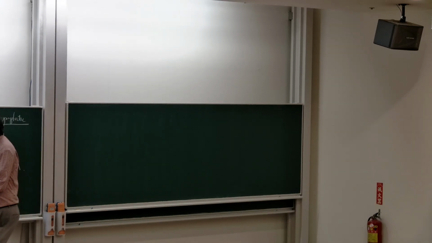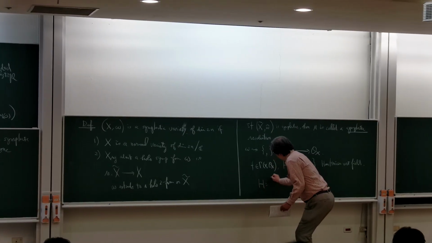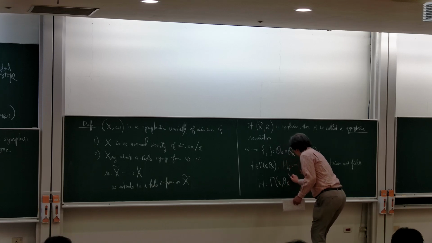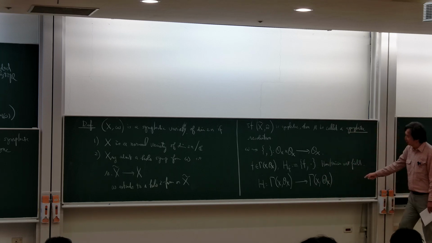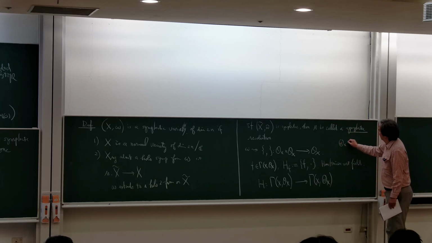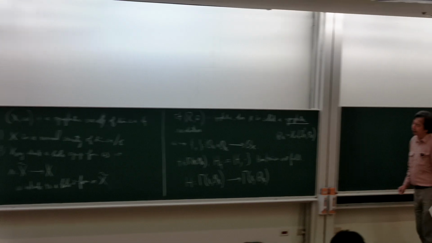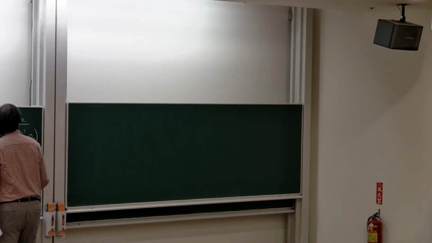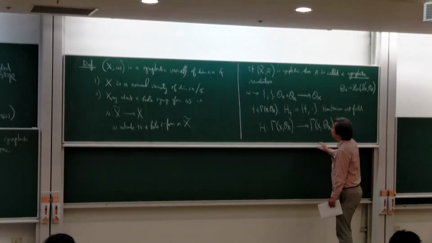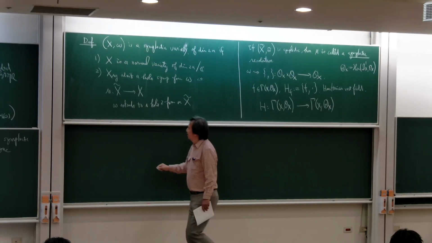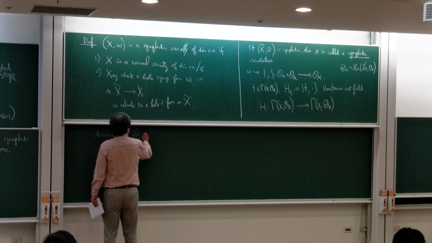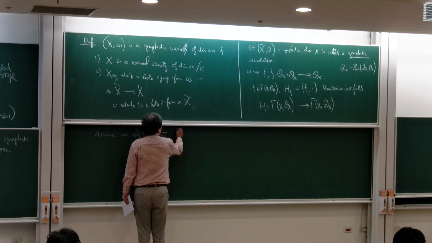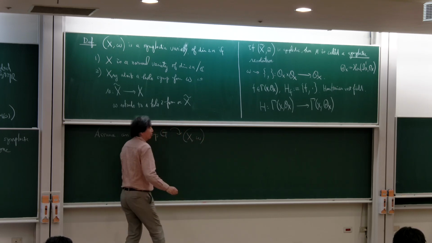And this correspondence gives a map from the space of functions to the space of vector fields. X is singular, so Theta_X is just the dual of the Kähler differentials. Now assume that some algebraic group, say G, acts on this symplectic variety.